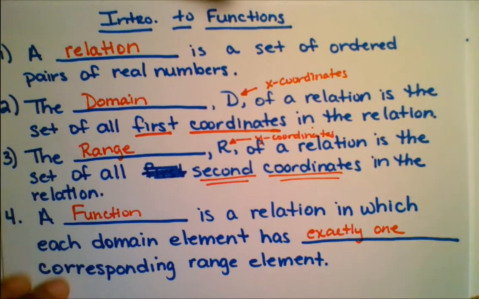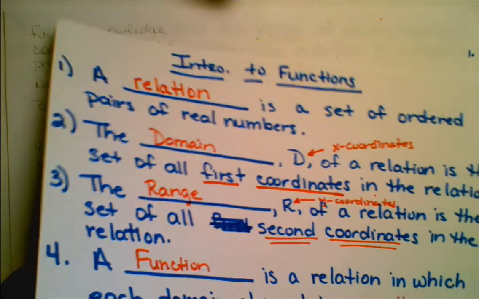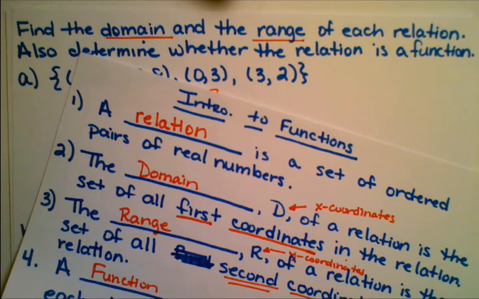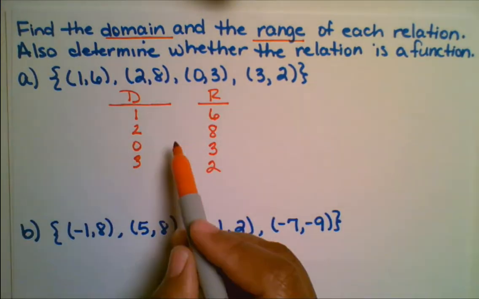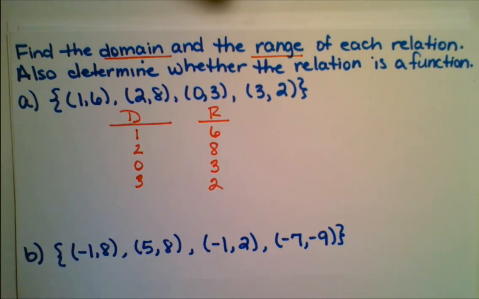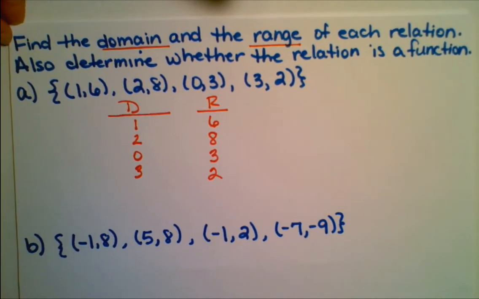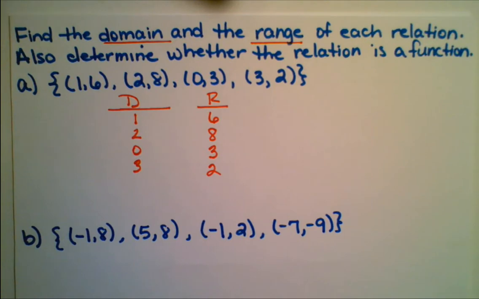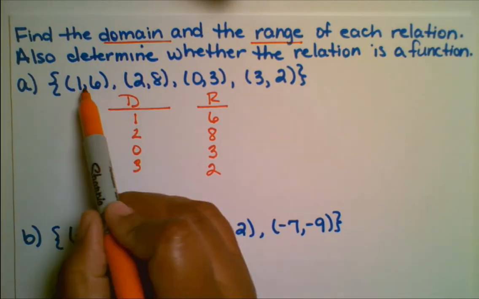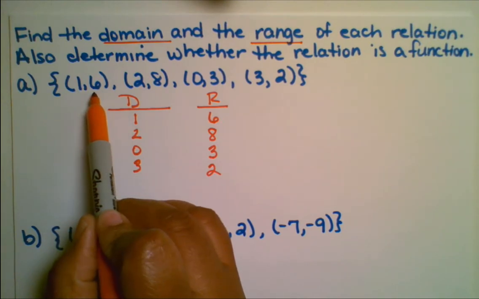So to determine if this relation is a function or not, what we're going to have to do is map. Mapping is where we're going to pair, meaning this (1, 6).